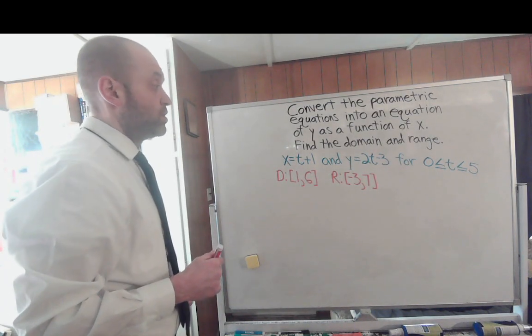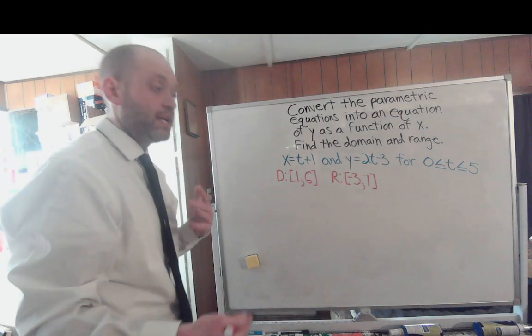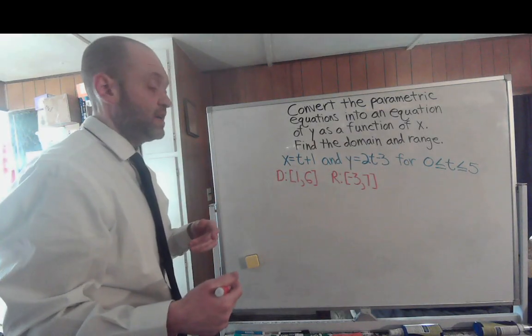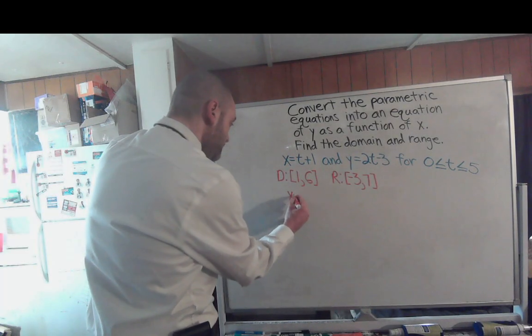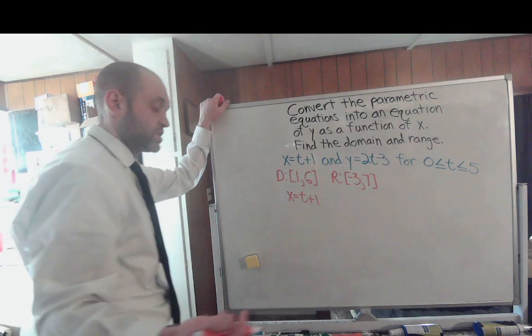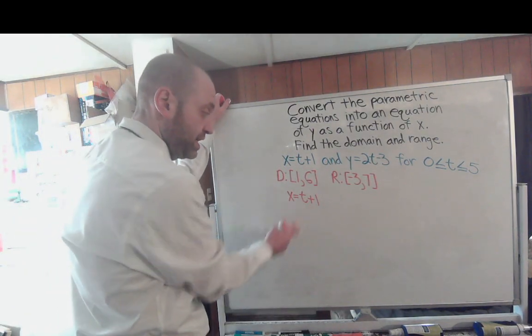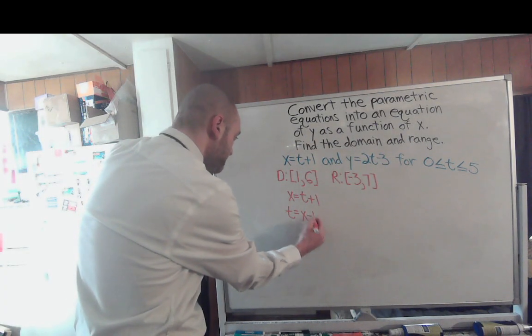Now, we want to convert these two parametric equations into one equation where y is a function of x. So let's look at x equals t plus 1. Again, you want to eliminate the parameter, so you need to solve for t. That means t would equal x minus 1.